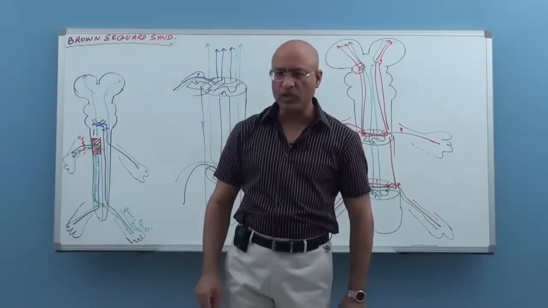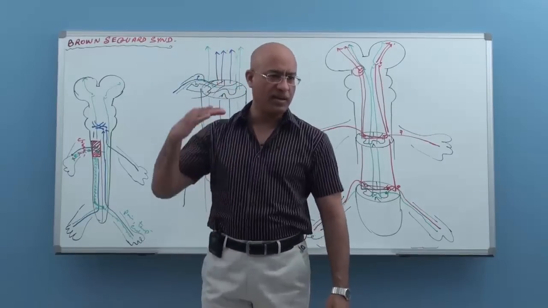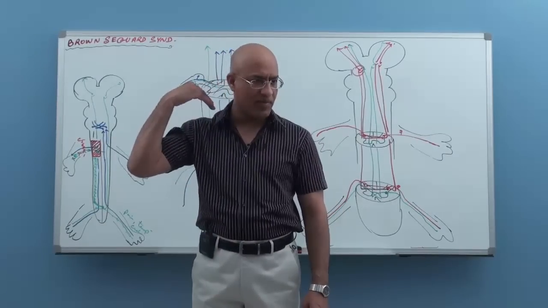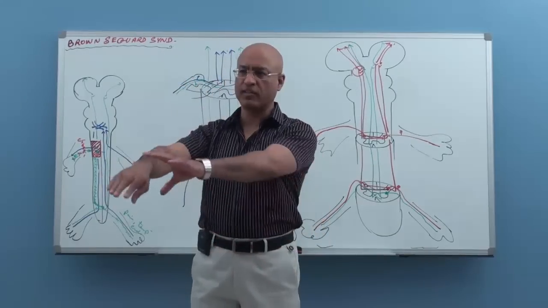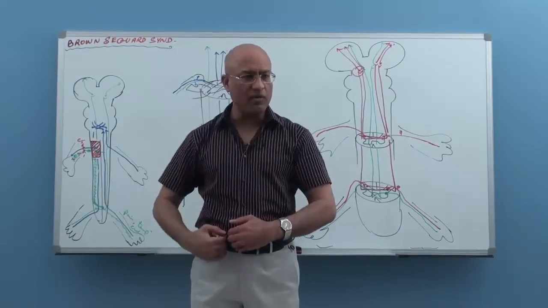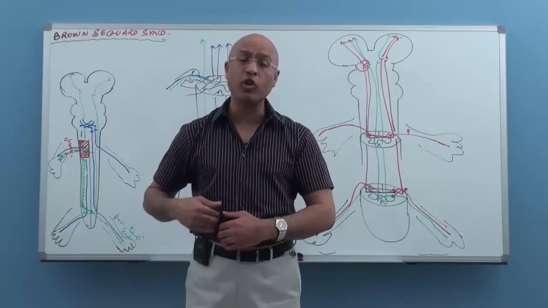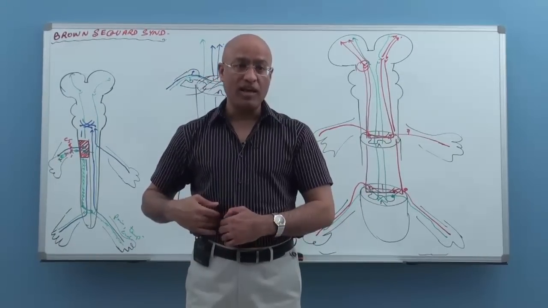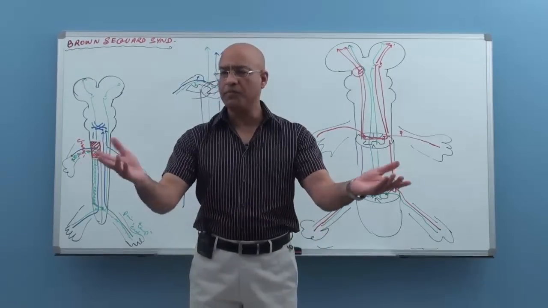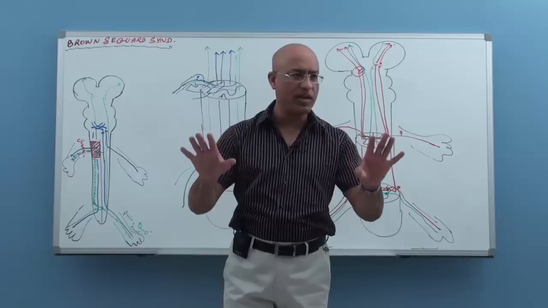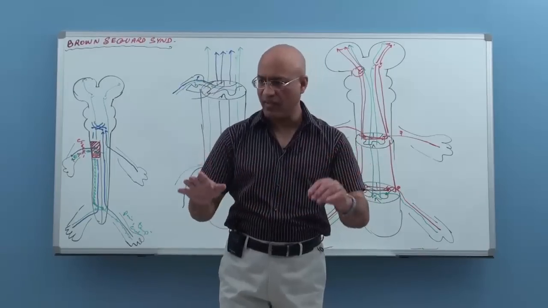Am I clear? So in this patient, what we have learned, the right hemisection at cervical level. Now only we are talking about sensory system. At the level of lesion, there is complete anesthesia. Below the level of lesion, ipsilaterally, dorsal column sensation lost, right? And below the level of lesion, contralaterally, pain and temperature and crude touch lost. Any question? It's clear? Thank God.